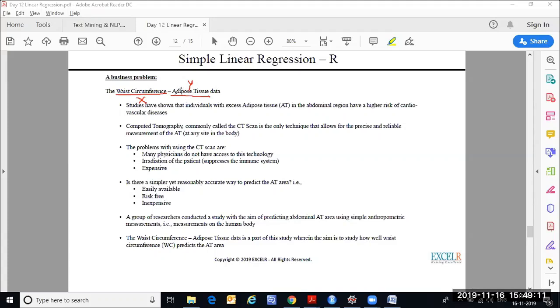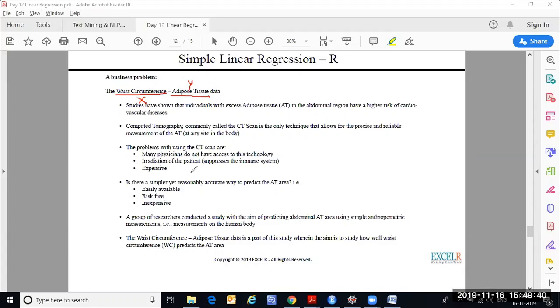In order to identify this output variable, adipose tissue, there is no other way than going through the CT scan. But there are some disadvantages with a CT scan. It's very expensive and it cannot be established in all the hospitals.